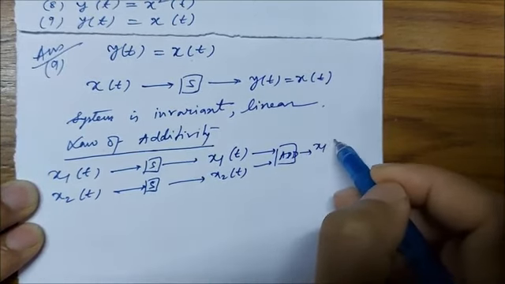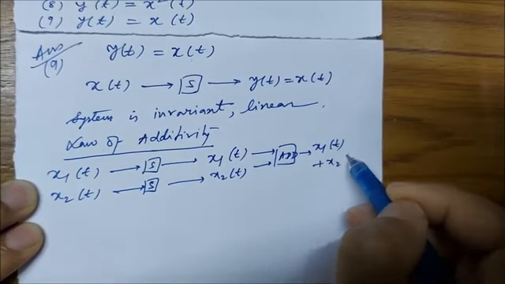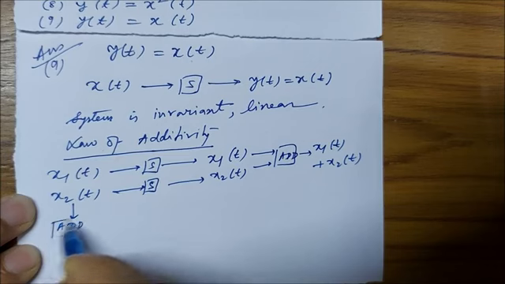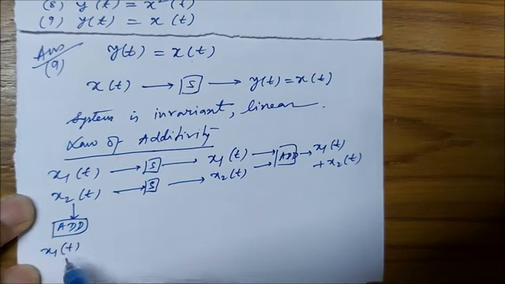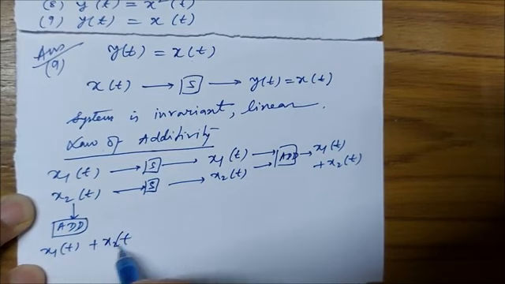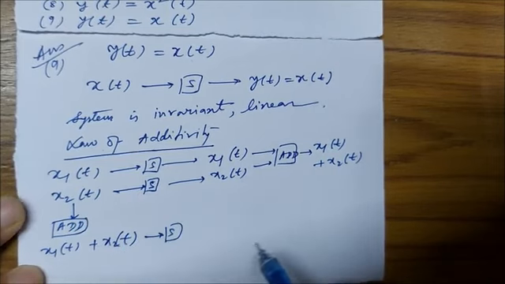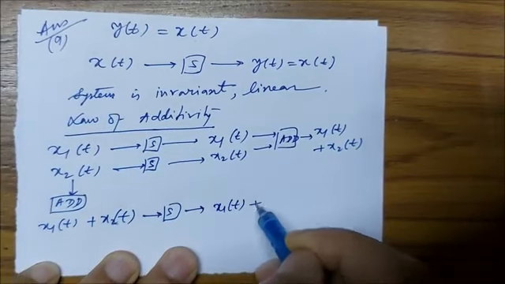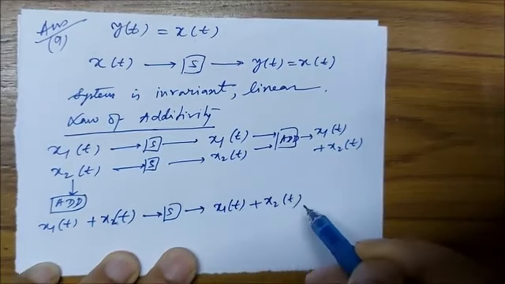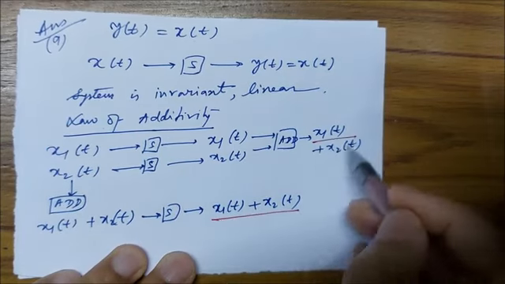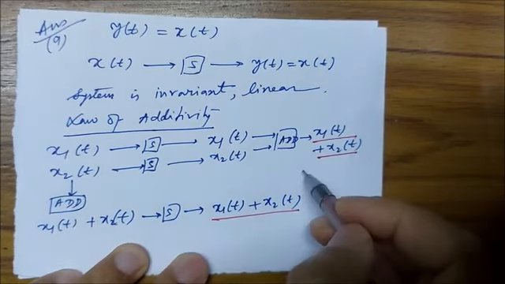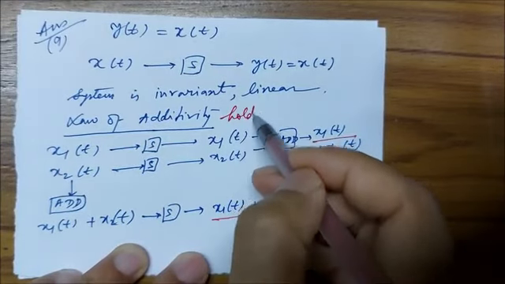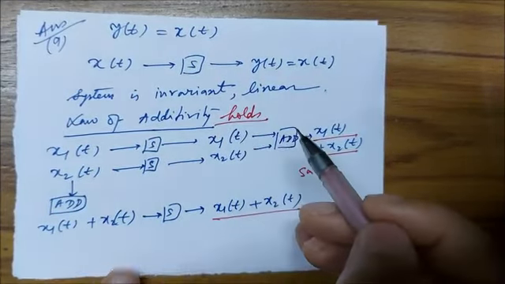Upon addition we get x1t plus x2t, and if we add here, now after passing through the system, what we get is the same thing. So the responses are same, which means law of additivity holds, the system is linear.